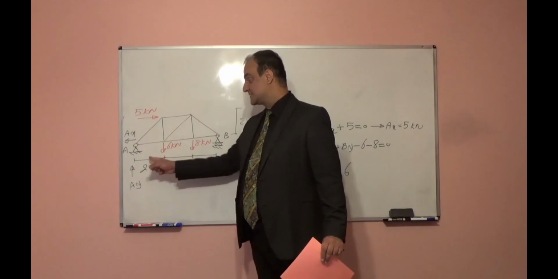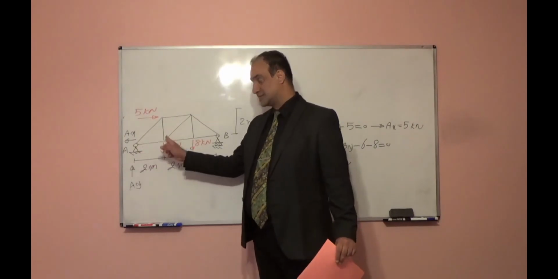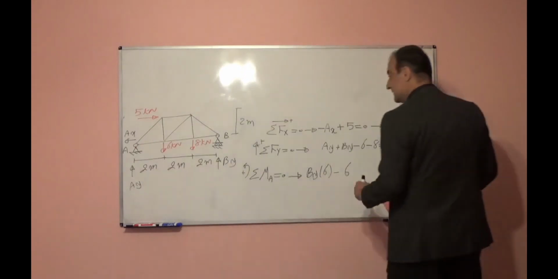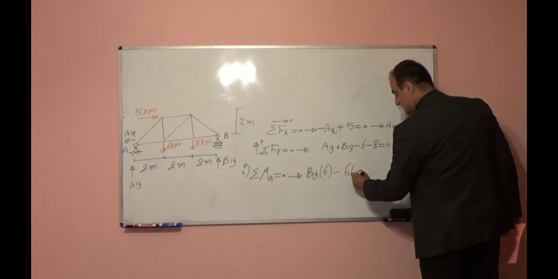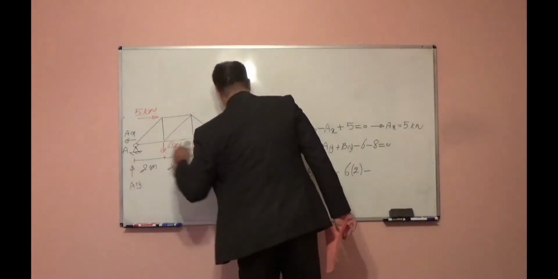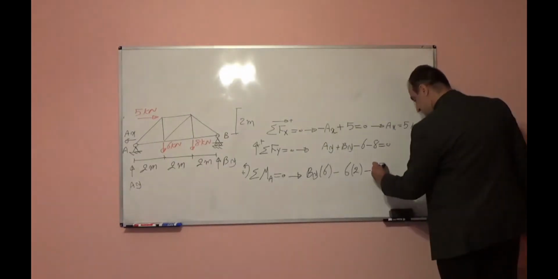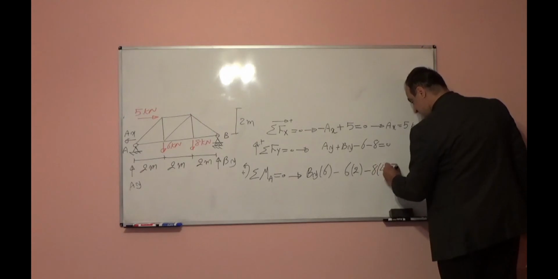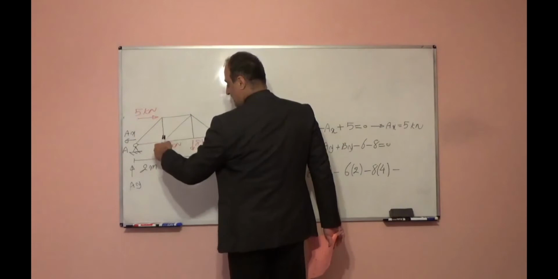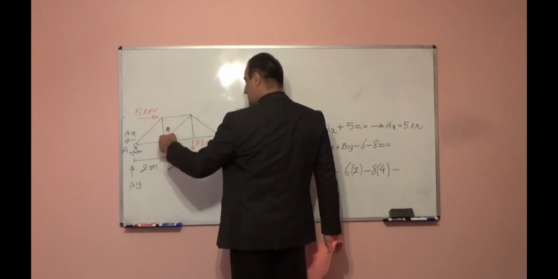Minus 6 times 2, it wants to rotate this truss with respect to point A clockwise, so negative. Minus 8 times 4, minus 5 times the height, 2 meter.